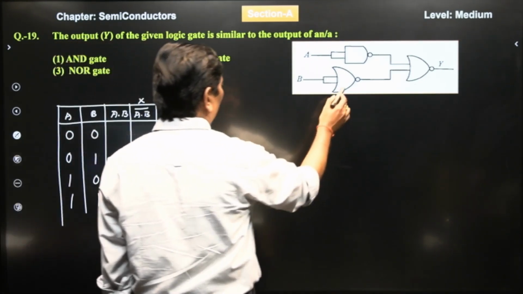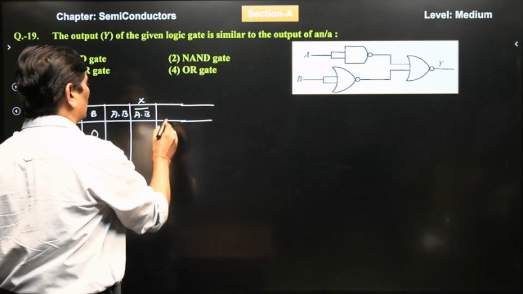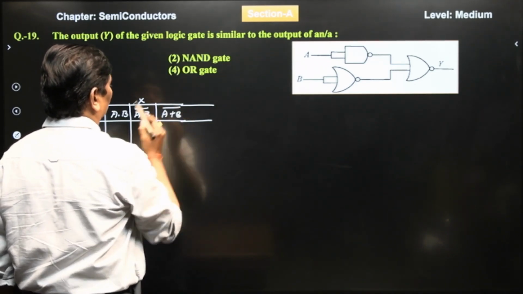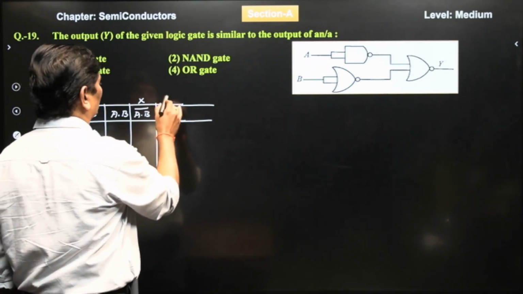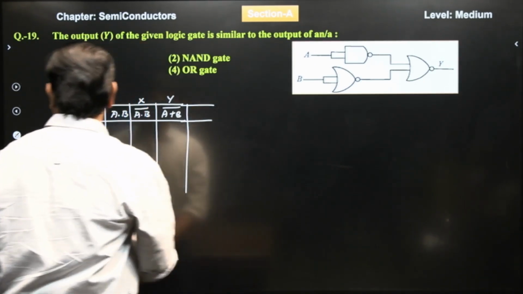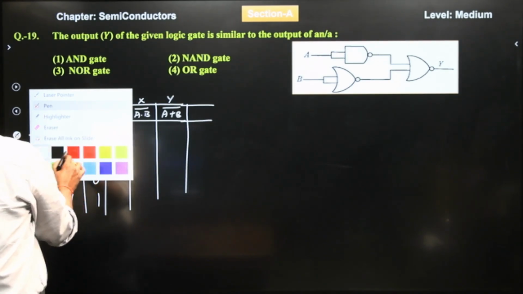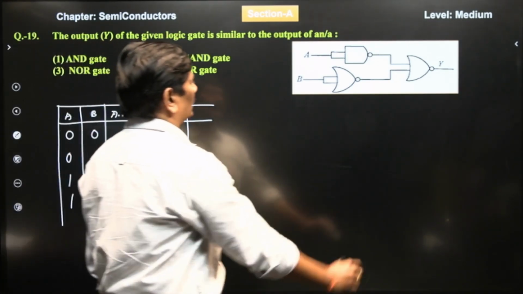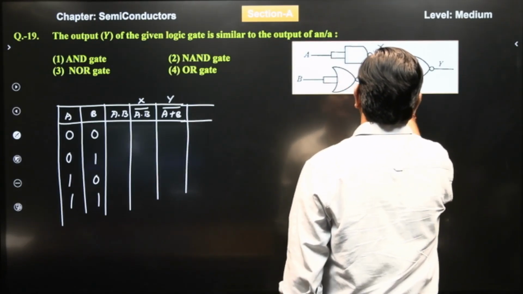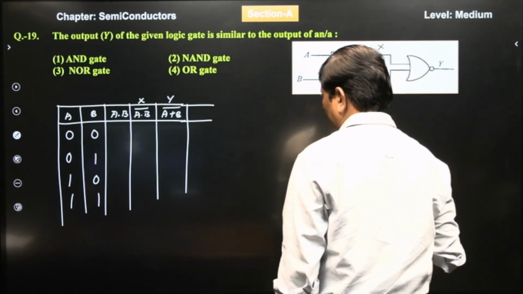And the next gate you see, the lower one, is a NOR gate. NOR gate means it is A or B inversion, that is some y. Now this x and y are the inputs for this final gate.